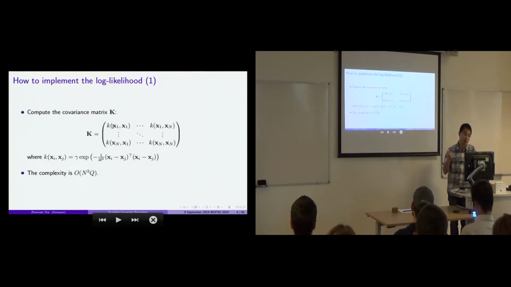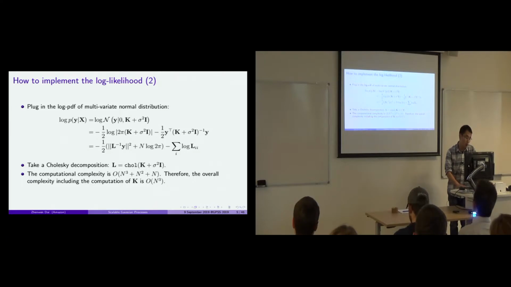Each entry is evaluated by the covariance kernel function over a pair of data points. Here I'm showing a very common choice of kernel, the squared exponential, and you can plug in any other type of kernel. This is in general how the covariance matrix gets computed, and it's quite easy to see that the complexity is n squared times q, because we have n squared entries and each takes a complexity of q.